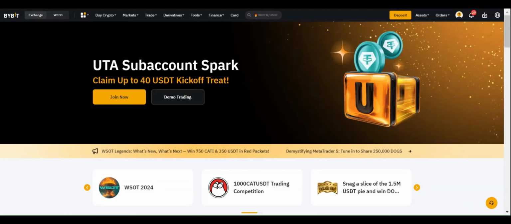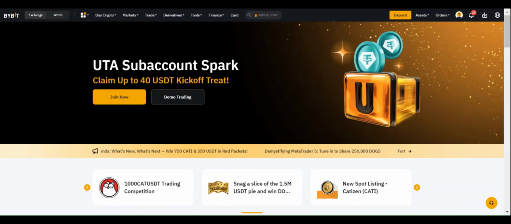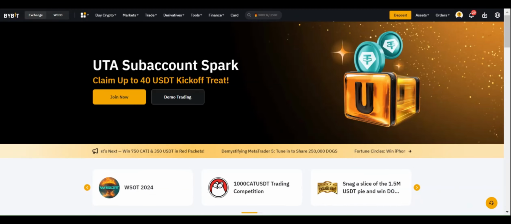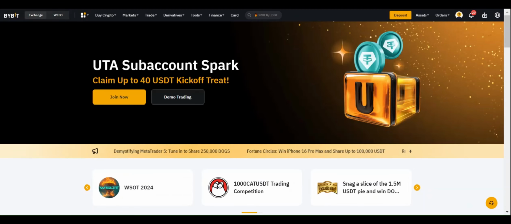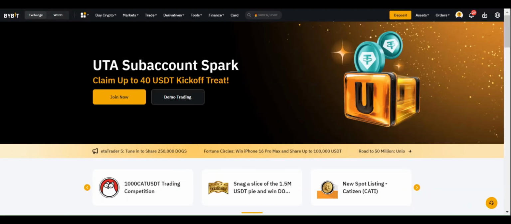So we're going to touch specifically on how to buy, how to sell, how to trade, leverage and spot trading, and then how to transfer, that's deposit and withdraw. Buy and sell is different from trade.